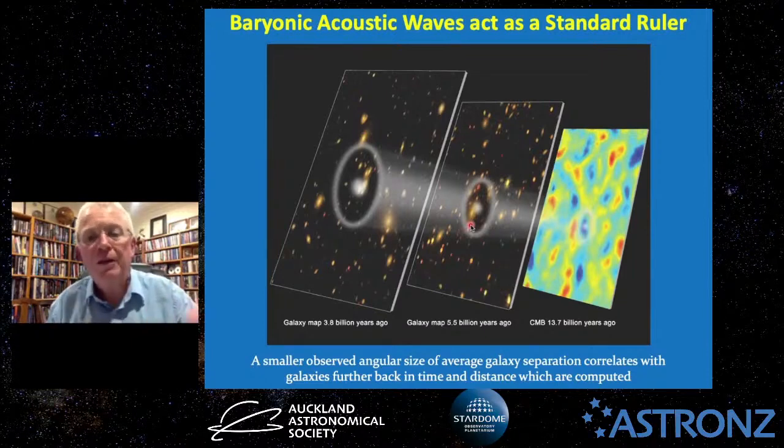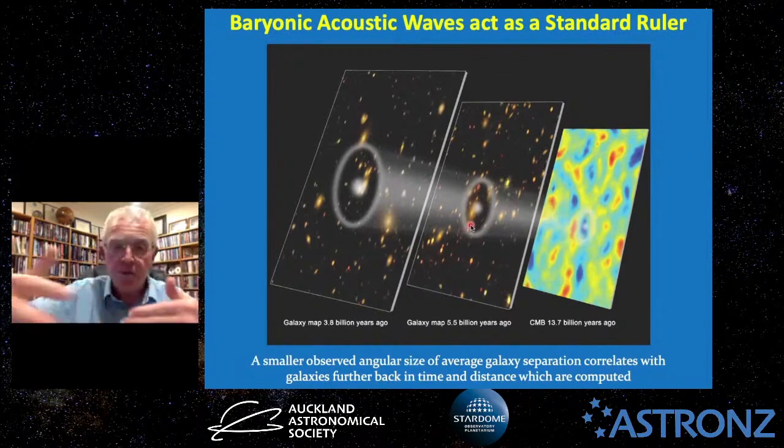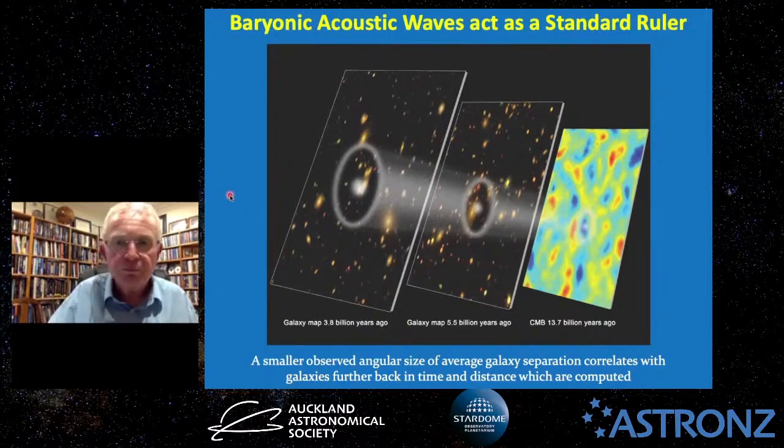When you're looking back through time, you're looking back through distance, and vice versa. Distance and time are all tied in with the evolution of the universe. So you can tell the distance. They call that a standard ruler, these baryonic acoustic oscillations. So there you go. There's another method that you can start using.